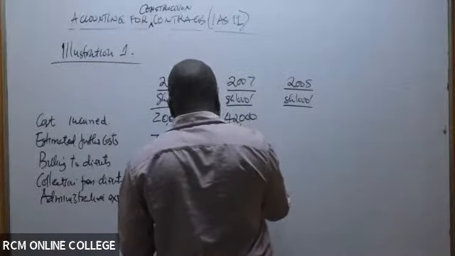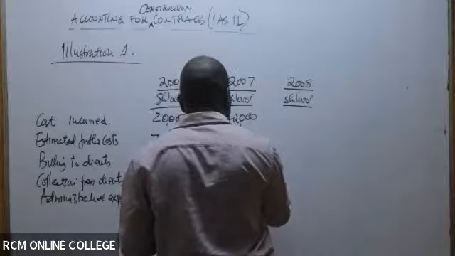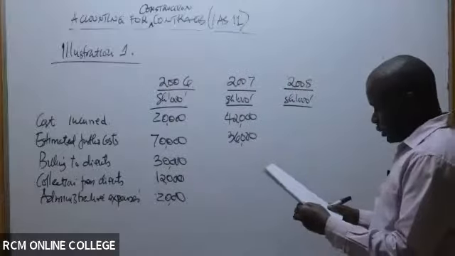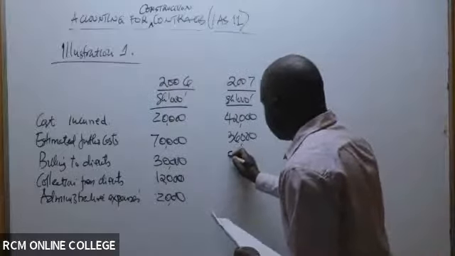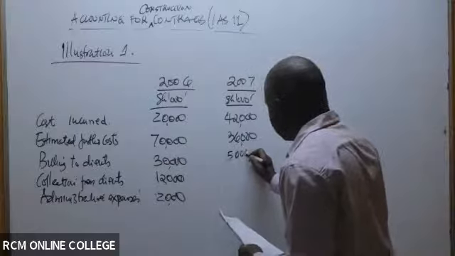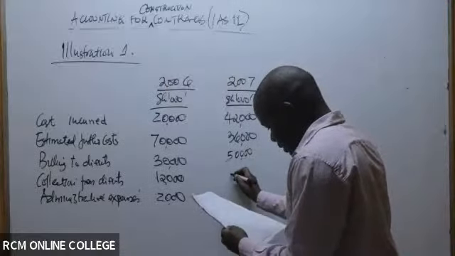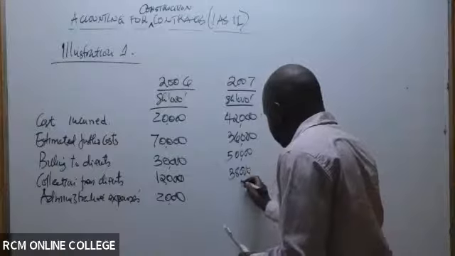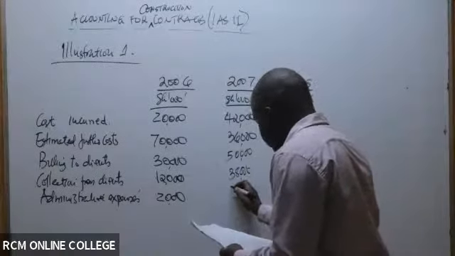This one is 36 million. This one is 50 million. This one is 38 million. This one is 2.5 million.